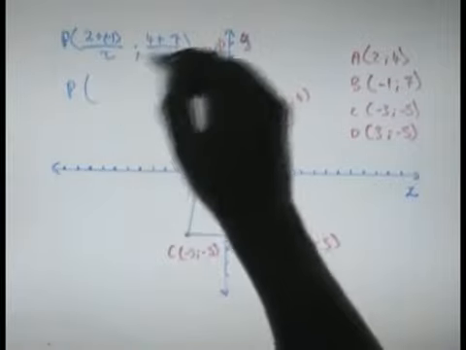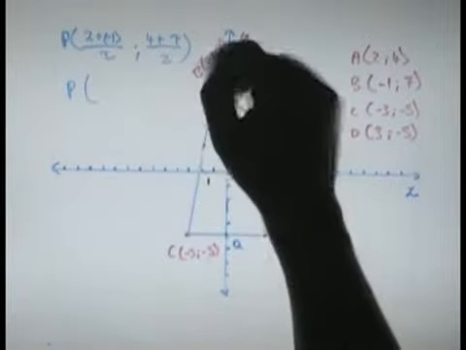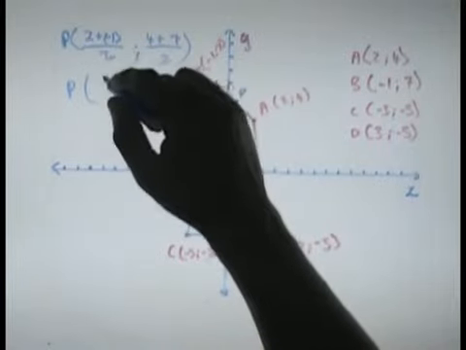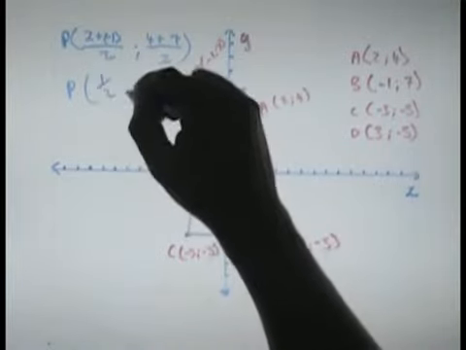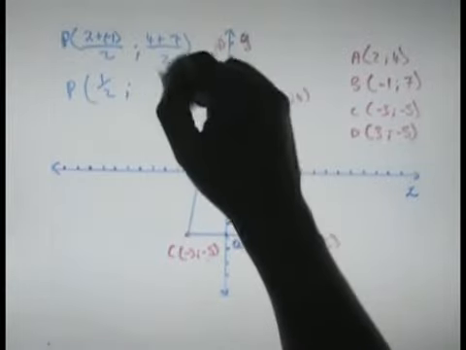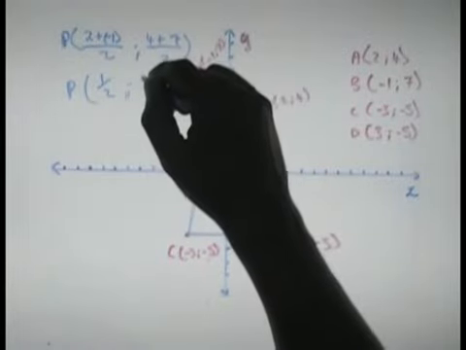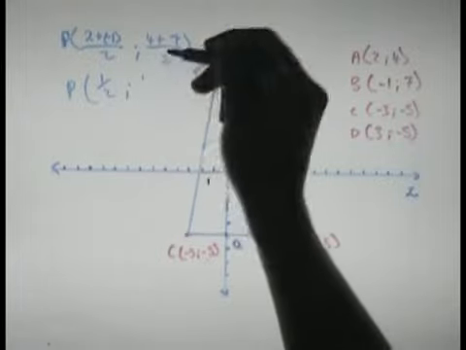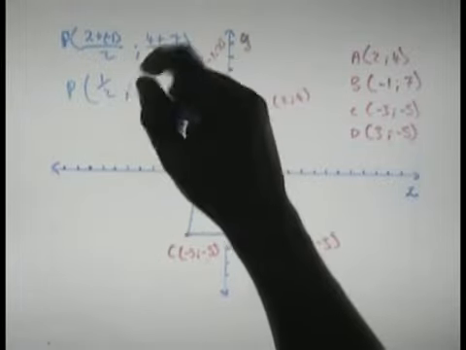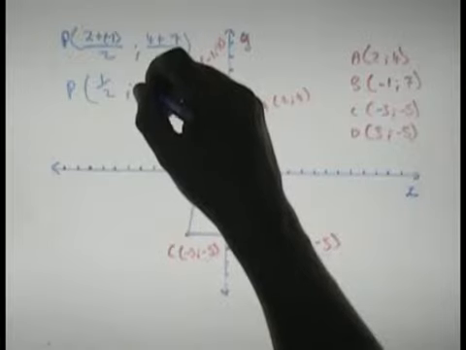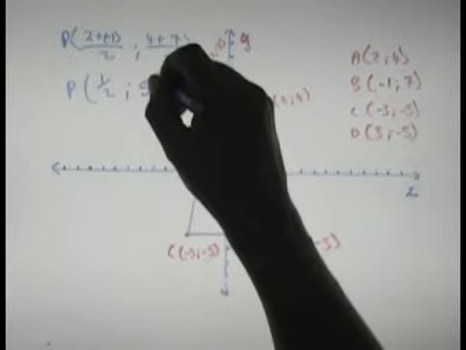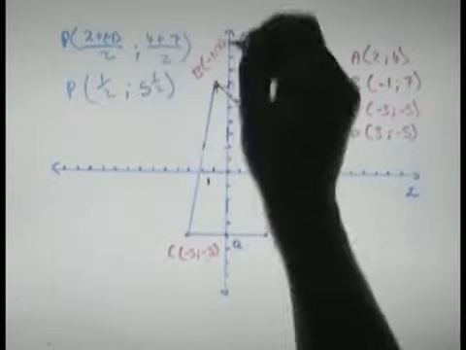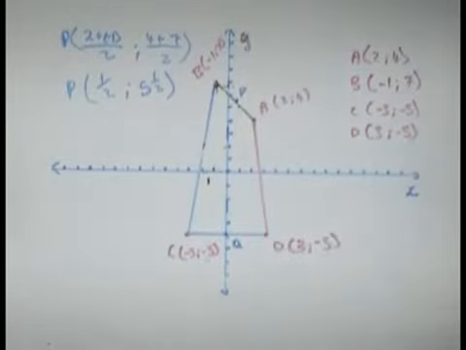That means that my coordinates of P, the midpoint of AB, are 2 minus 1 is 1 over 2, which is just 1 over 2, and 4 plus 7 is 11 over 2, which we can say is 11 over 2 or 5.5. And those are my coordinates of P, the midpoint of AB.